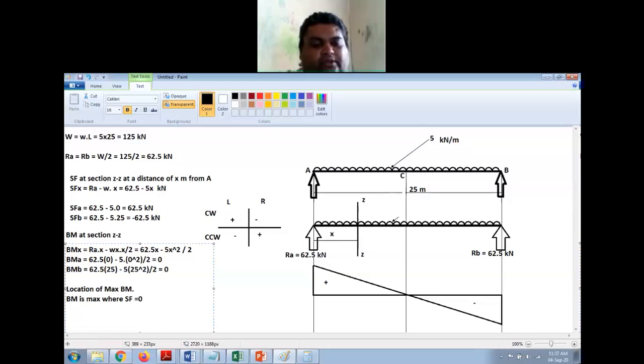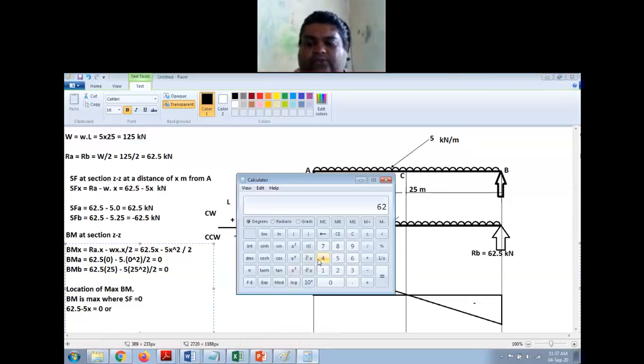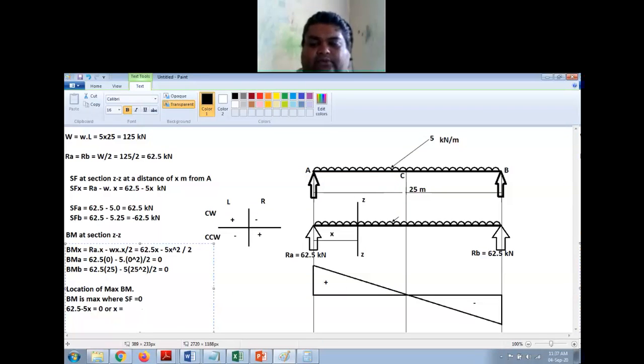So 62.5 minus 5x is equal to 0, or 62.5 is equal to 5x. So 62.5 by 5 is 12.5, right? Or x is equal to 12.5 meter. So x is 12.5 means it is the midpoint of the beam, like we have already discussed, right?